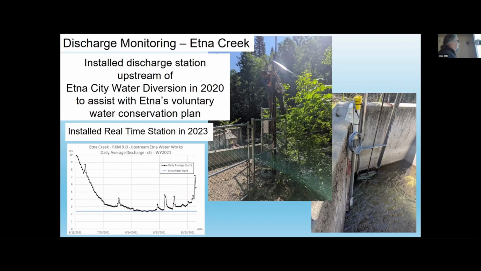So in 2020, we first established a temporary continuous discharge station and rated it. And then in 2023, we converted that discharge station to a real-time station.